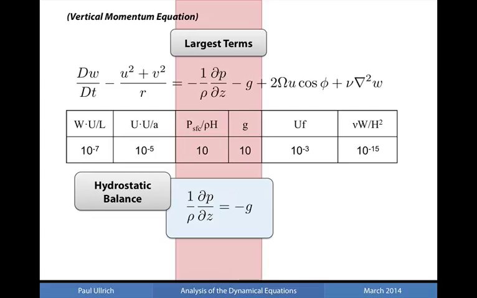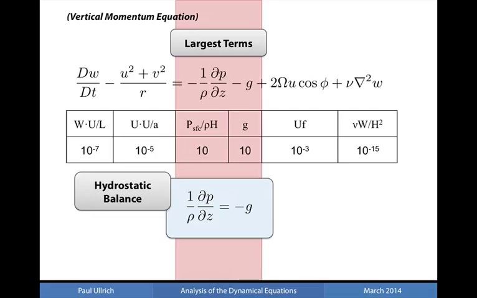But this is exactly the hydrostatic balance that we derived in the previous chapter associated with a static column of air. So hydrostatic balance, describing the relationship between pressure and density in a stratified fluid, is the dominant description of the vertical structure of the atmosphere.